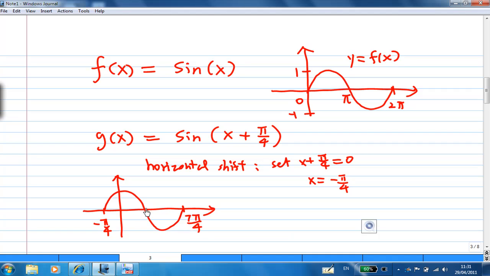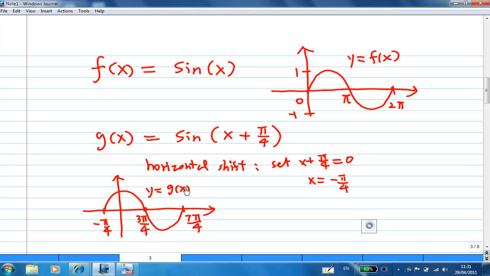This one will be pi minus pi over 4, which is 3 pi over 4. And this is the graph of y equal to g of x in one cycle. We have known this before. This is what we call a phase shift.